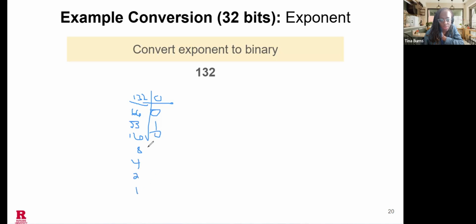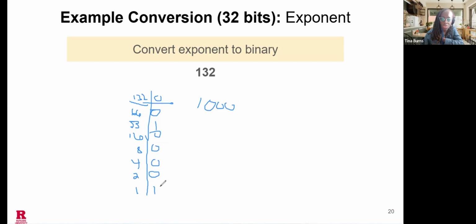You always do your division until you get down to 1. So this is going to be remainder of 0, 0, 0, 1. Then our representation for this value is going to be 1, 0, 0, 0.